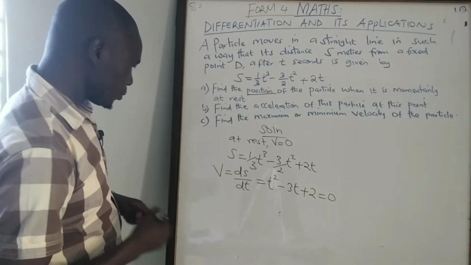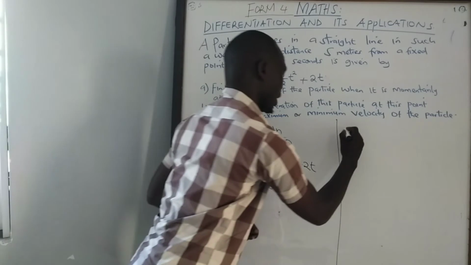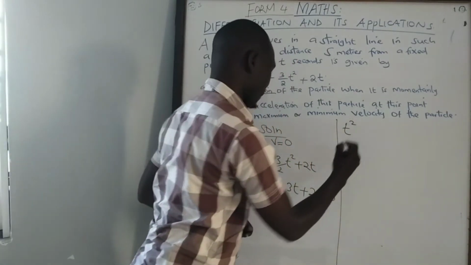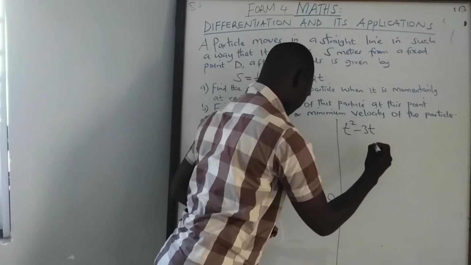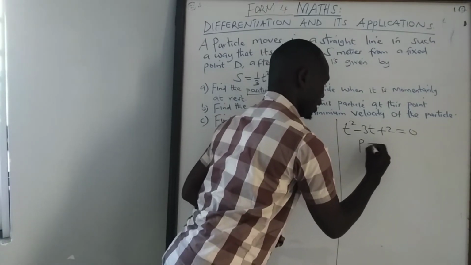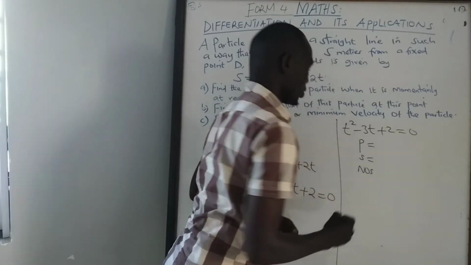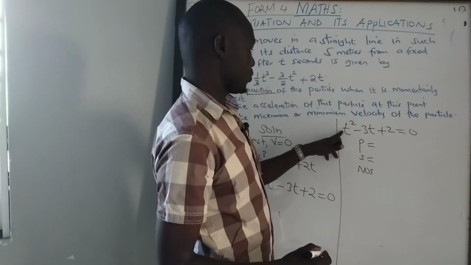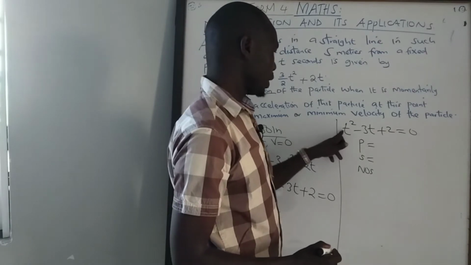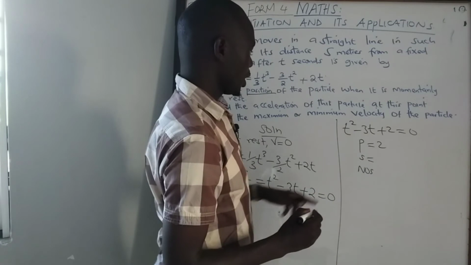t. So if I take this expression here, we are going to have t squared minus 3t plus 2, which is equal to 0. We are going to get the product, we get the sum, and also the numbers. To get the product, we look at the coefficient of t squared, which is 1, times the constant 2 to give us 2.